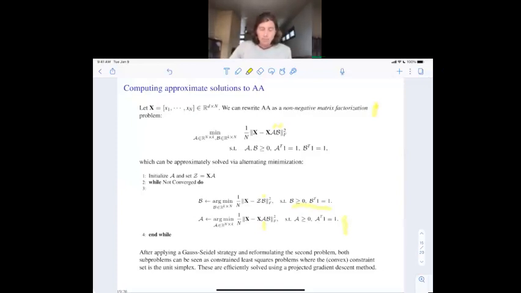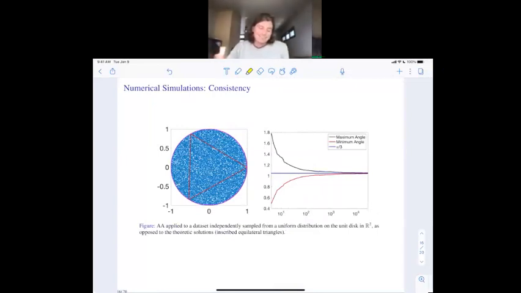So let me show a couple of examples that just illustrate this. The first one is I want to illustrate consistency. So I start with the unit disk with the uniform distribution on it, and we know that the solution to that problem is an equilateral triangle inscribed in the unit disk, and that's exactly what we see in the numerics too.